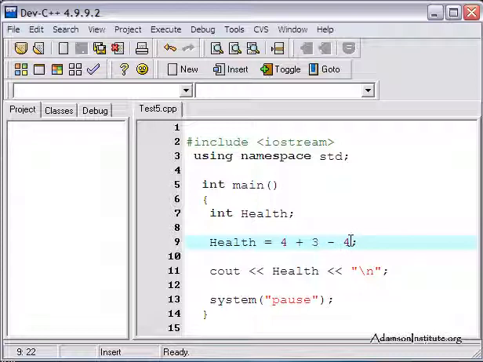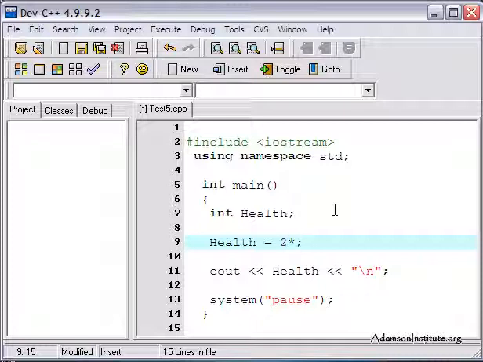Let's try multiplication. Let's say that there is some multiplier for my health. Let's say if I own a certain gem or a certain charm, that it takes whatever my health is and increases it by a factor of 2.